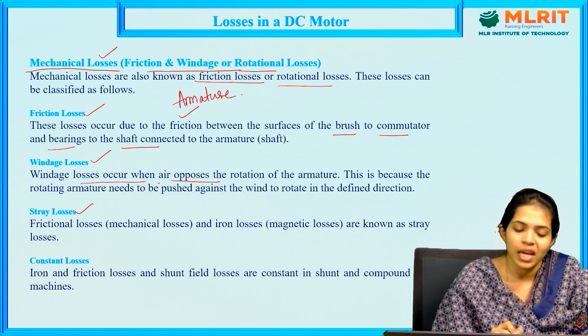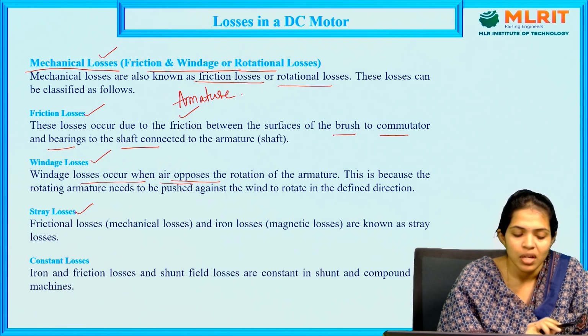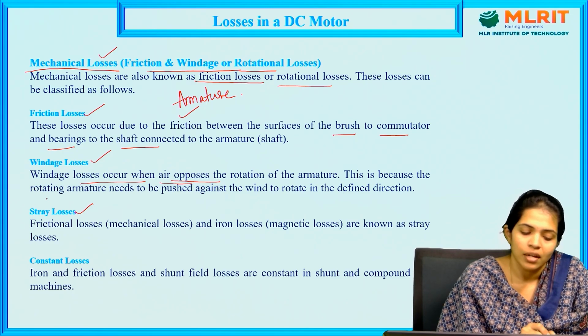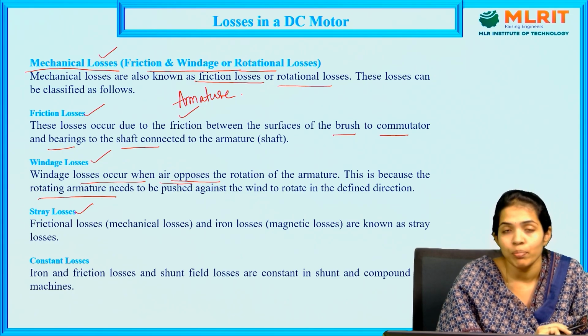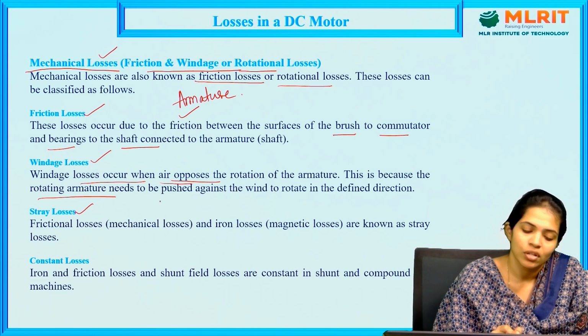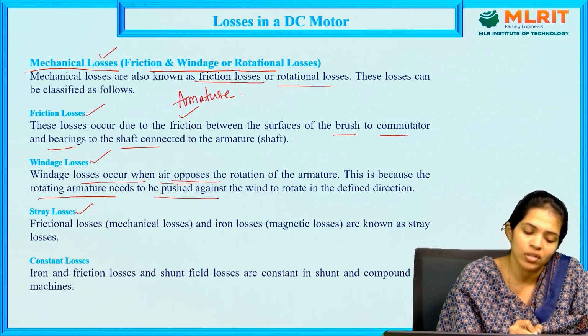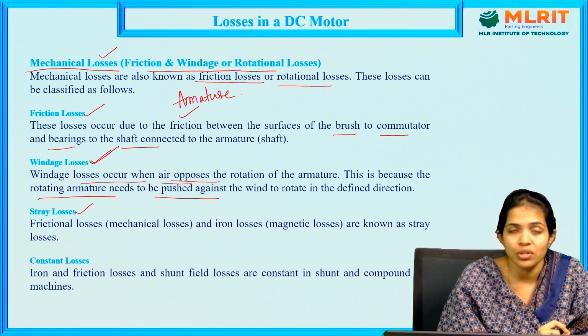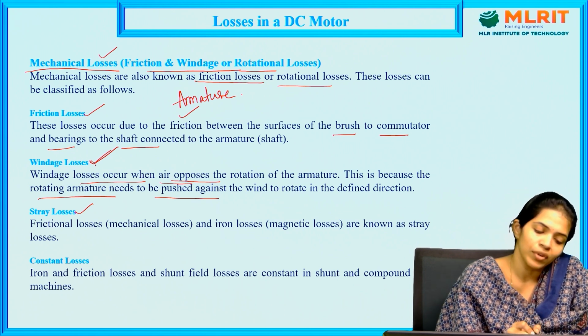The rotating armature needs to be pushed against the natural air which is coming for cooling purposes. This small amount of loss which opposes the rotation of the armature is called windage loss.